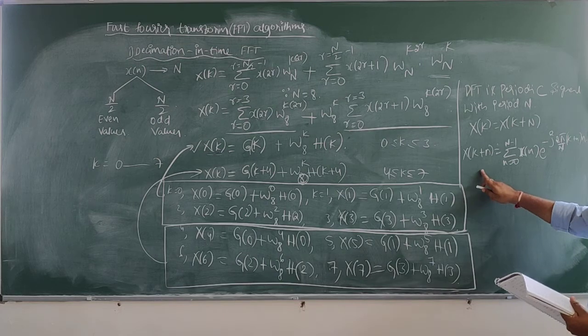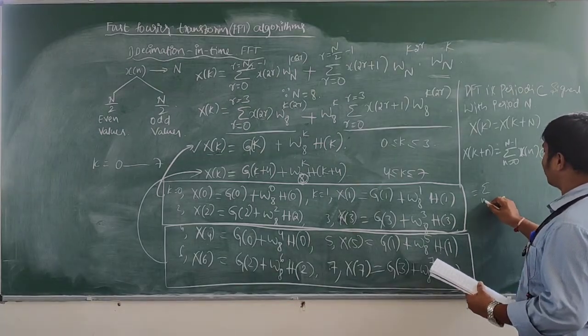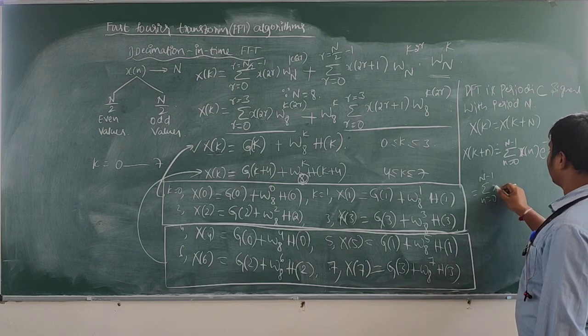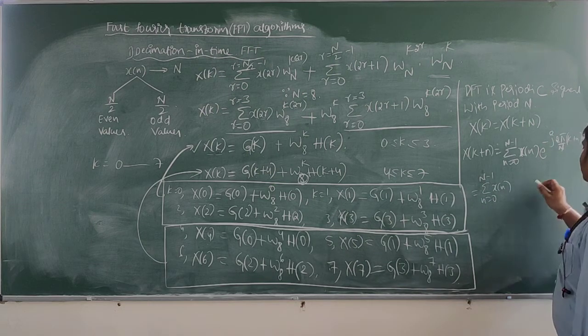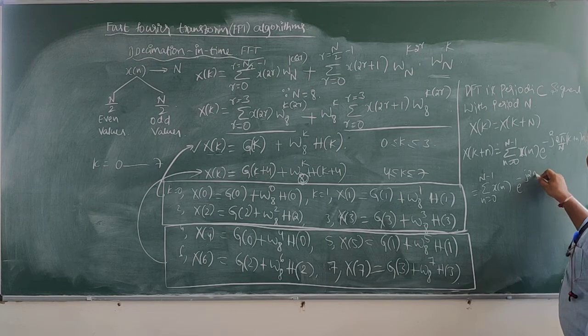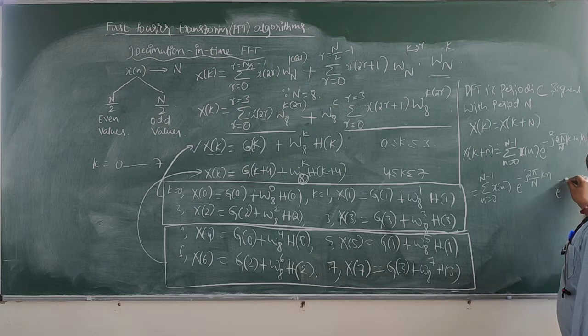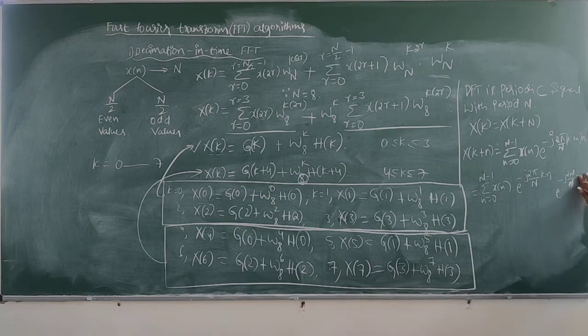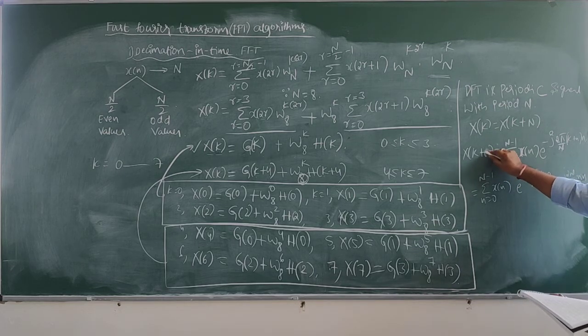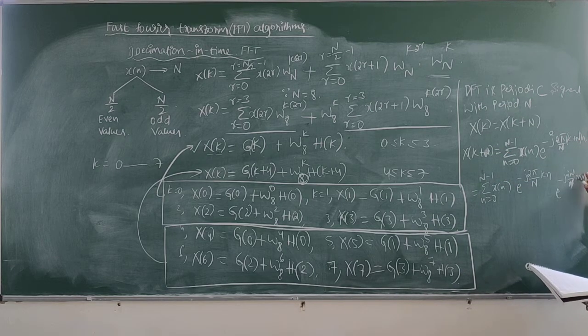Which is equal to summation n is equal to 0 to N minus 1 of x of n into, splitting this exponential, e power minus j 2 pi by N into kn, into e power minus j 2 pi by N into N n. Sorry, here it is k plus capital N, here also capital N, so capital N into small n.